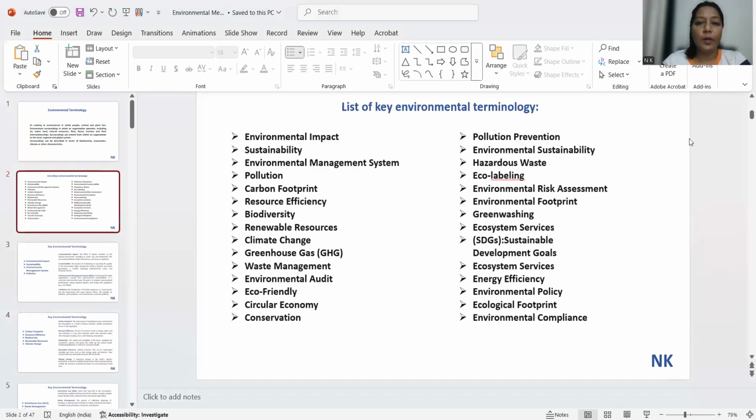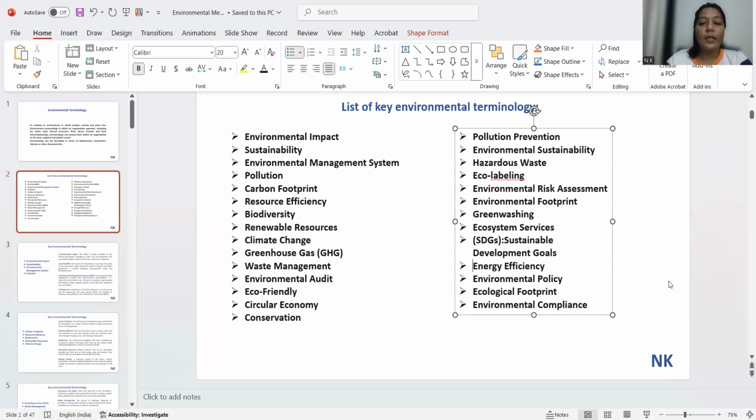So here is the list of key terminologies: environmental impact, sustainability, environmental management system, pollution, carbon footprints, resource efficiency, biodiversity, renewable resources, climate change, greenhouse gas, GHG, waste management, environmental audit, eco-friendly, circular economy, conservation, pollution prevention, environmental sustainability, hazardous waste, eco-labeling, environmental risk assessment, environmental footprints, greenwashing, ecosystem services, SDG, energy efficiency, environmental policy, ecological footprints, and environmental compliance.